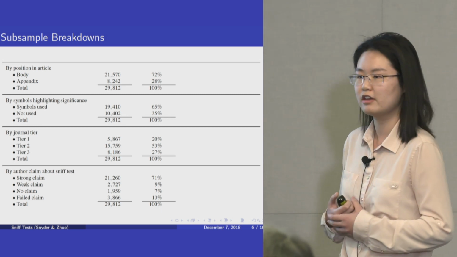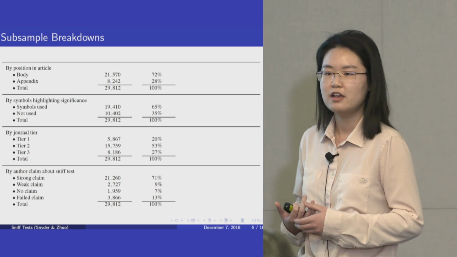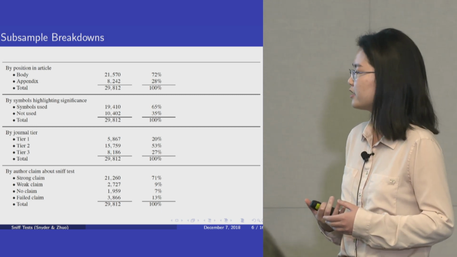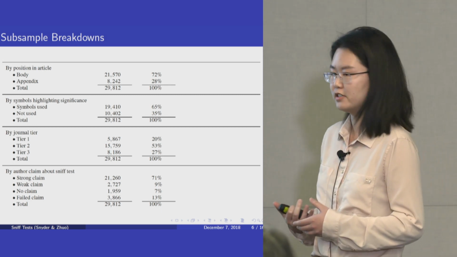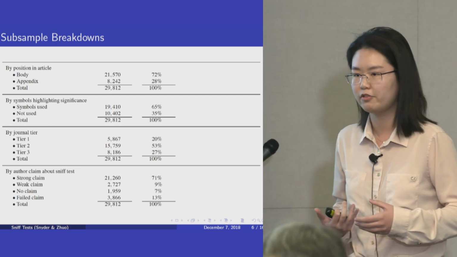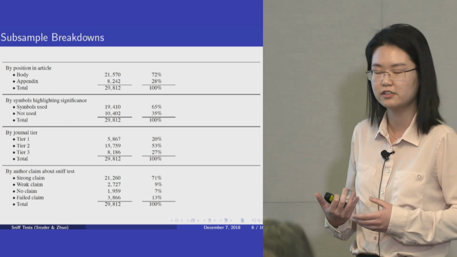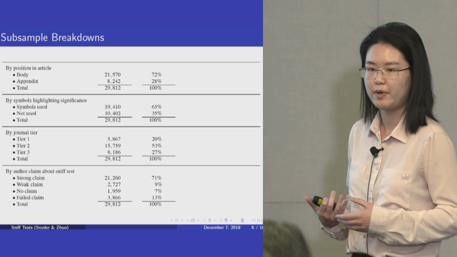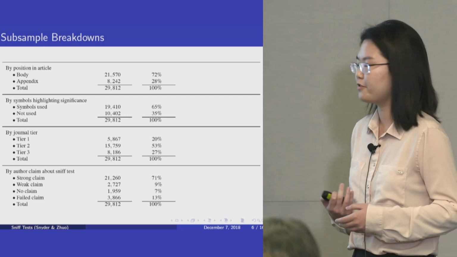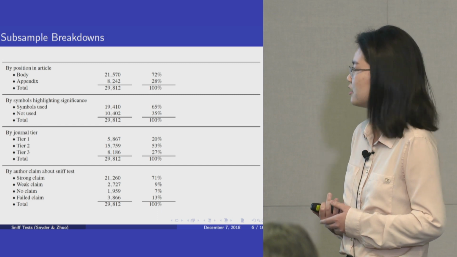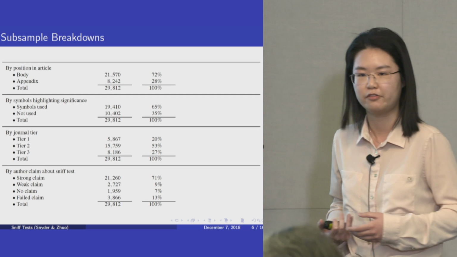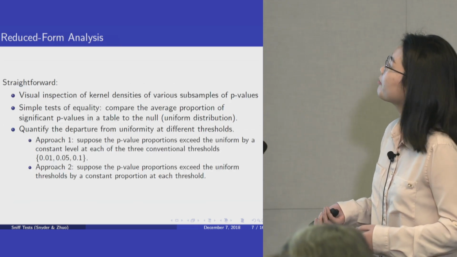A weak claim is the case when there are a few significant test statistics in the tables, and the authors mount some defense for the validity of their test, often citing the reason that even though there are some significant test statistics, there is no systematic pattern, so it doesn't undermine the strength of their main results. And when authors say nothing about test statistics, it falls in the third category, and when they freely acknowledge the failure of their Sniff test, it's in the fourth category.